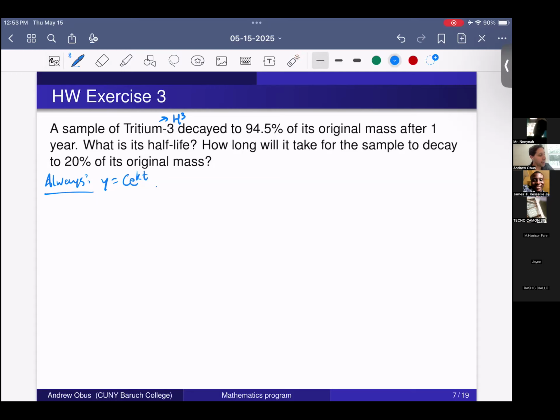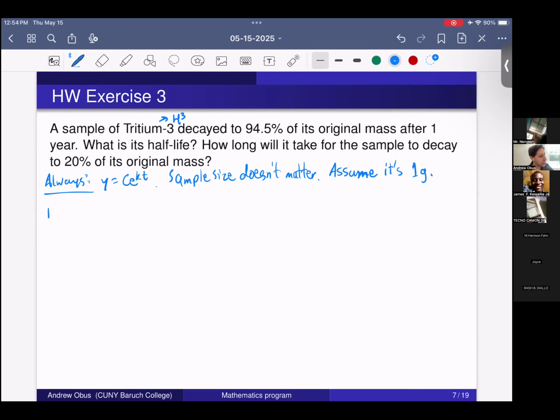The sample size doesn't matter, so let's just assume it's something simple. Let's assume it's 1 gram. You can assume anything you want. You're going to get the same answer no matter what.